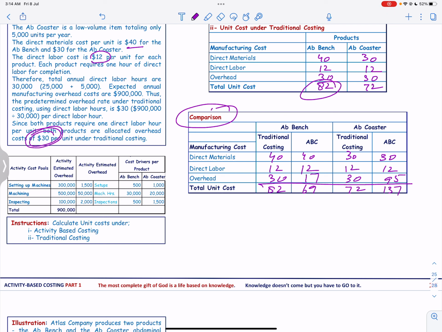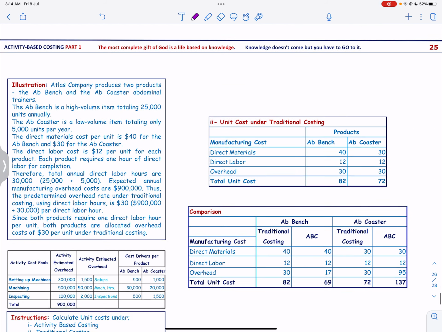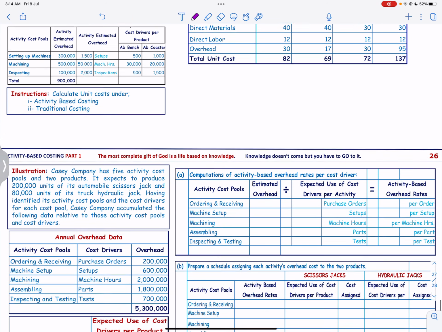So that's how we calculate under the traditional costing method and the ABC costing method, and that's how we solved our problem, and that makes our calculations more rational in determining the price for the product. Once again, this has been put in an Excel sheet as well.